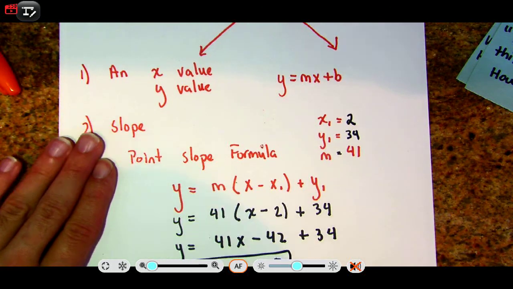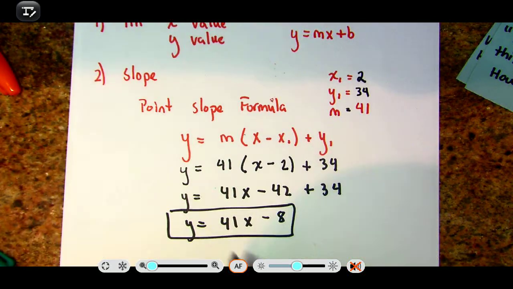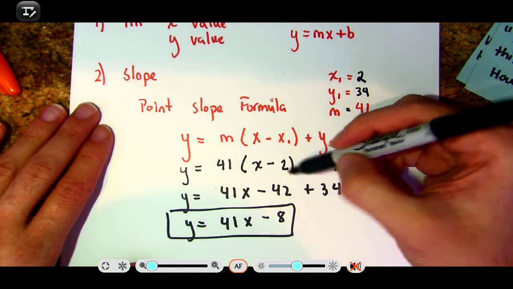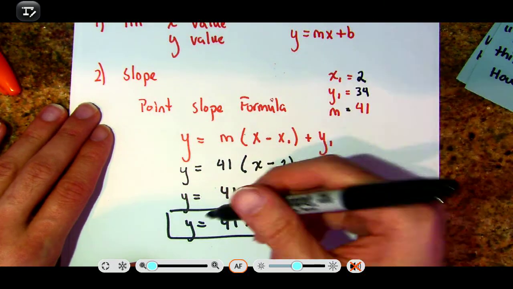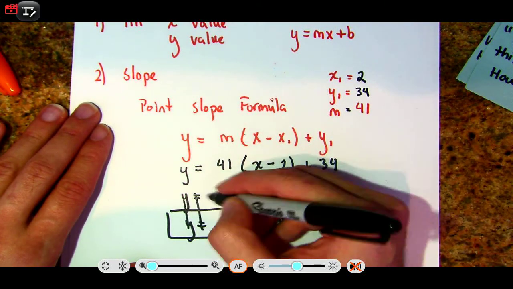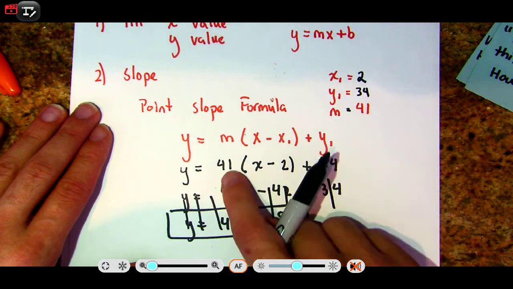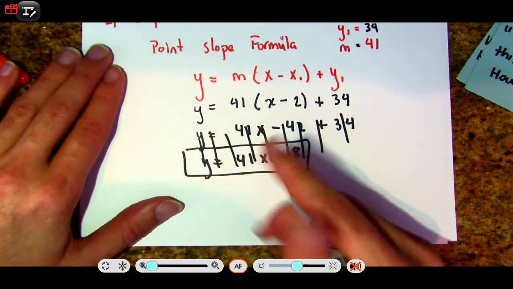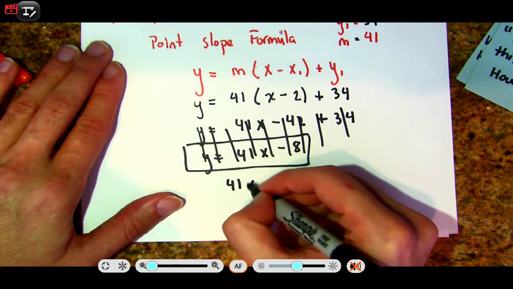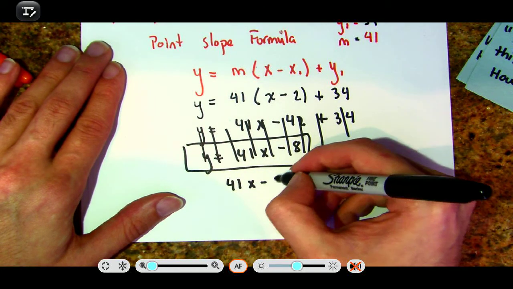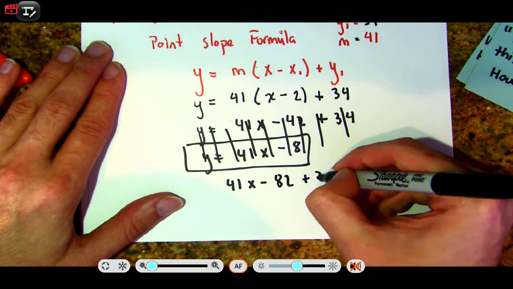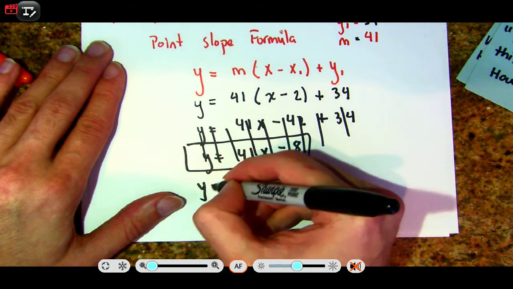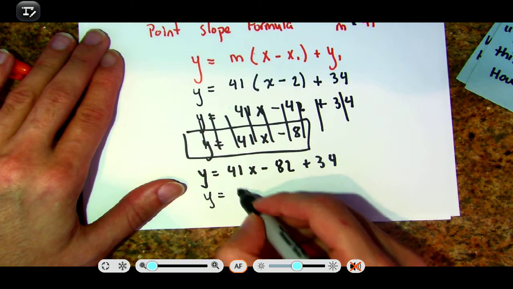And that is the equation of whoa, pause. I made a mistake. Pause. What am I doing here? 41 times x is 41x, but 41 times minus 2 is not 42. This should be 41x minus 82 plus 34. So y equals 41x.